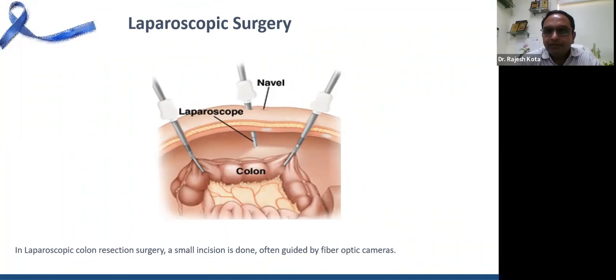The latest advance in the treatment of colorectal cancer is the laparoscopic approach.